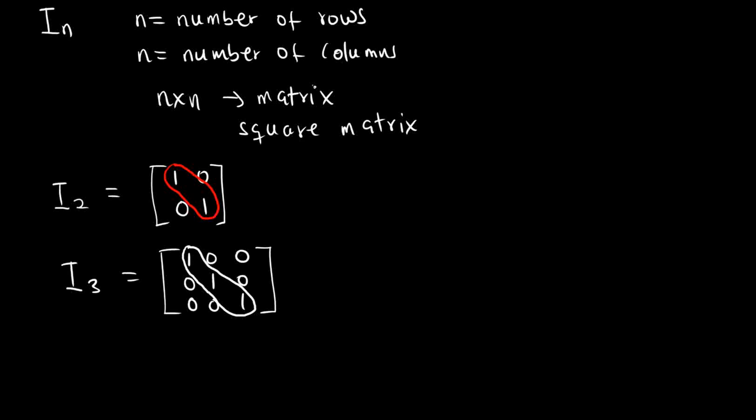Same way, if I have I sub 4, I'm going to have 1 0 0 0, then 0 1 0 0, then 0 0 1 0, and 0 0 0 1.